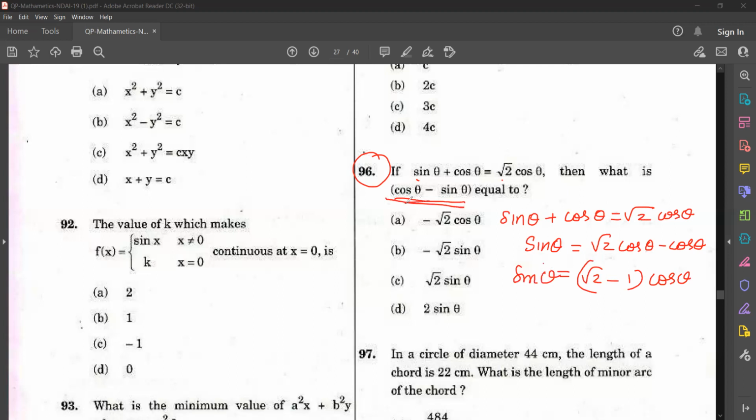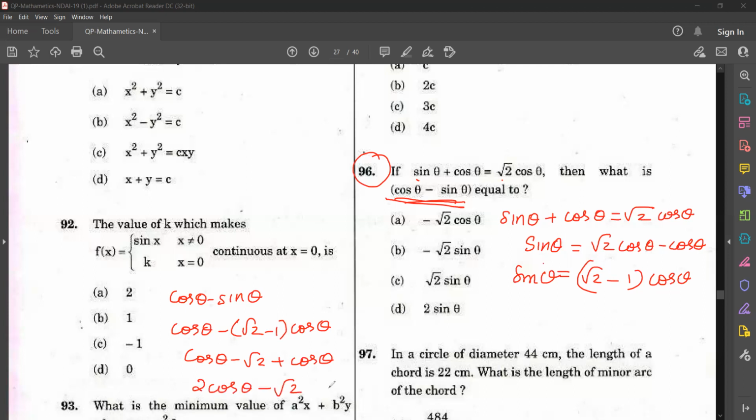What do I need to find? I need to find cos theta minus sin theta. So I can write it as cos theta minus sin theta, where sin theta is root 2 minus 1 cos theta. So that will become cos theta minus root 2 plus cos theta, isn't it? So that is 2 cos theta minus root 2 cos theta.